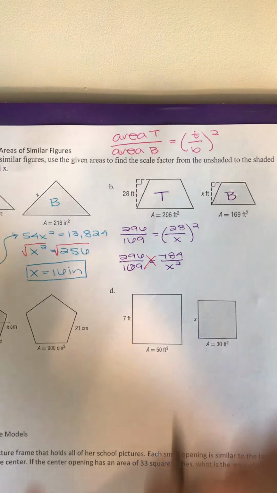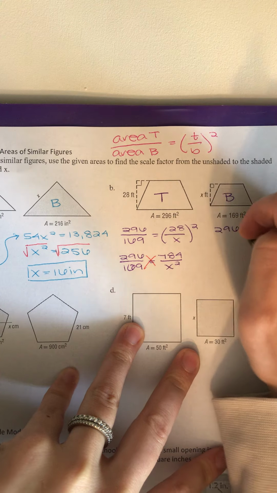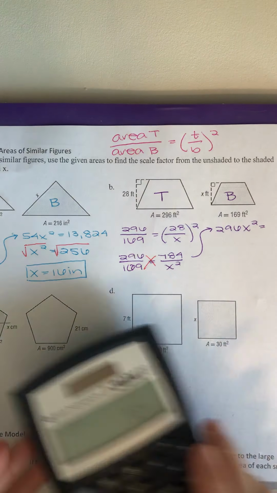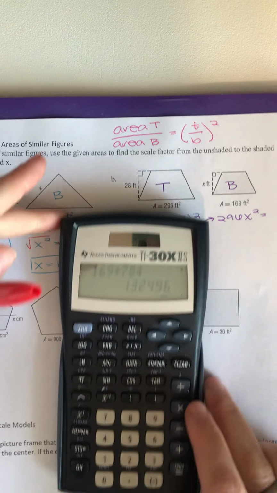I'm going to cross multiply. So I have 296x squared equals, this is going to be a big number, 169 times 784.